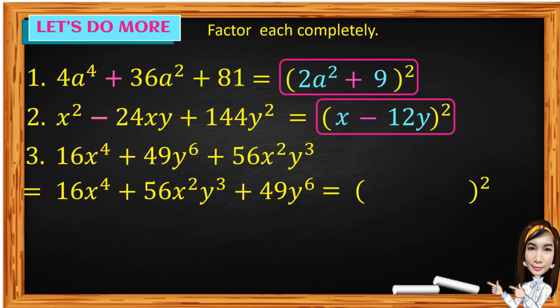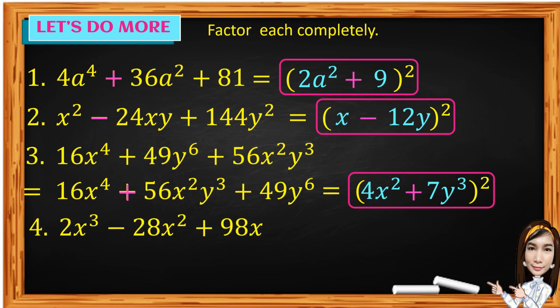Now for the first term, we get the square root of 16x to the 4th, so we have 4x squared. And if the middle term is plus, the binomial factor is also plus. Then we get the square root of the last term, 49y to the 6th, we have 7y cubed. So the factored form is the quantity 4x squared plus 7y cubed to the second power.